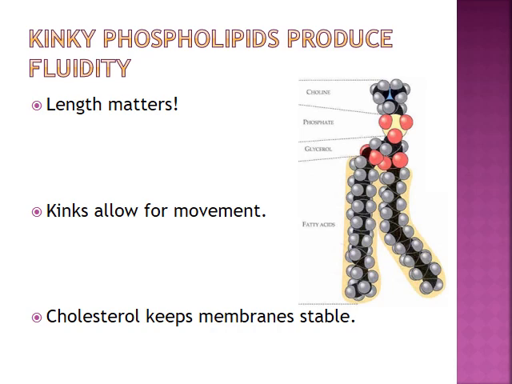So depending on where that kink is, where that double bond is in the tail, you could increase or decrease fluidity. If the kink is at the very bottom, these phospholipids can get right next to each other. They squeeze in tight and there's not much motion. If the kink is farther up, the tail juts out at a more awkward angle. And when that happens, the two phospholipids are farther apart, so there's more motion they can have.